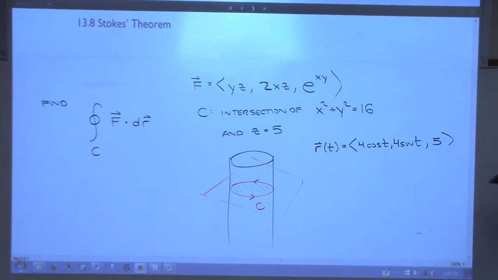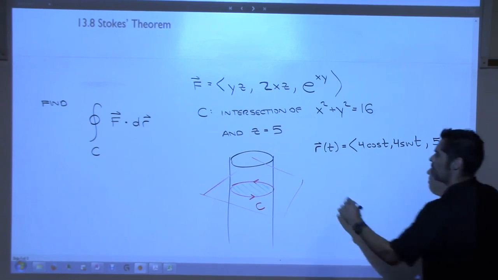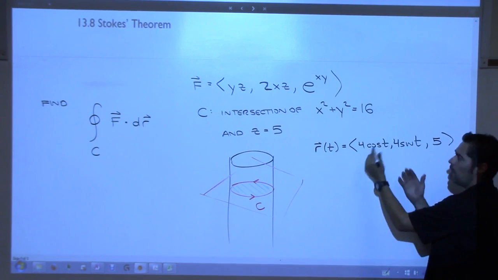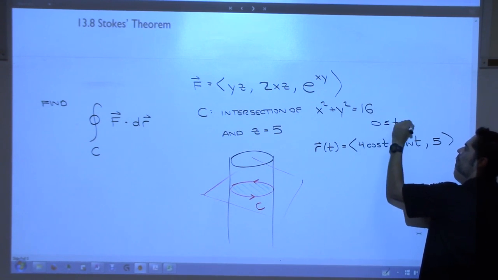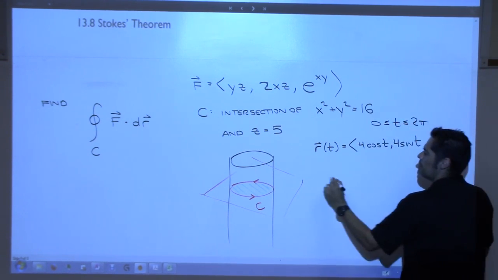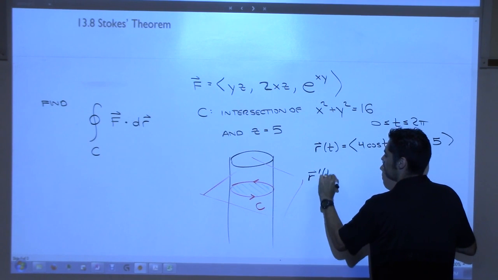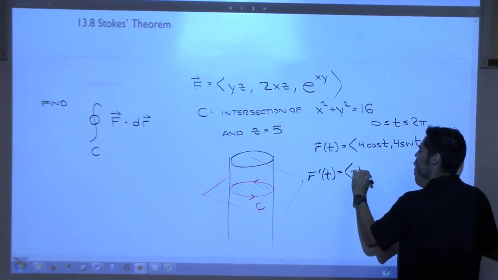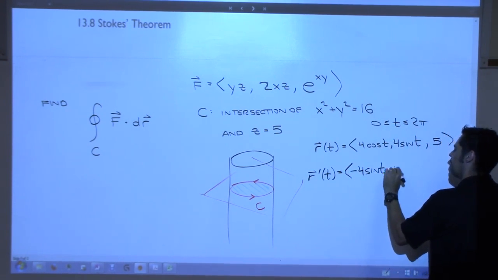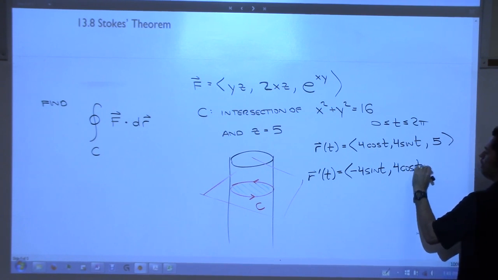All right, let's go through. What are we going to need? The derivative, right? So we're going to need the derivative of this. Oh yeah, t is between 0 and 2 pi. The derivative of this should also be pretty clean. Negative 4 sine t, 4 cosine t, and 0.